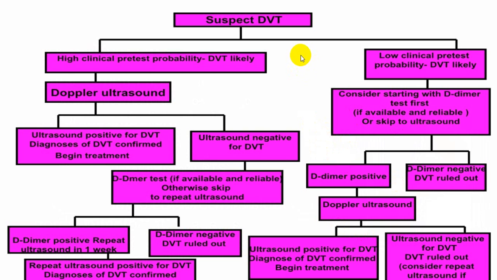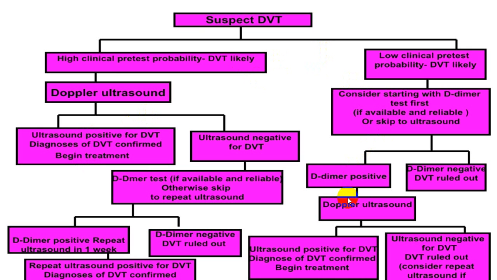This is how you approach a person with DVT. If there is a high possibility, go directly for Doppler ultrasound. If ultrasound is negative, then you can go for D-dimer studies. If ultrasound is positive, the diagnosis of DVT is confirmed. If there is a low possibility, then you can go for a D-dimer study.